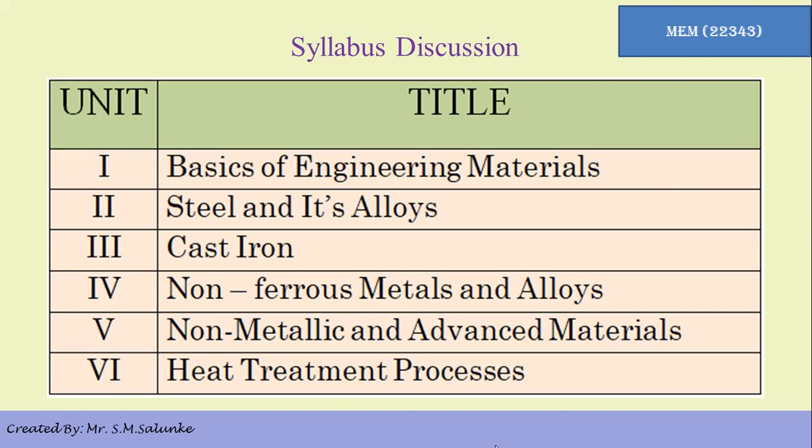In such ways, we'll be looking into advanced materials which have various different properties useful to mankind. Finally, heat treatment processes. In this unit, we'll go through various heat treatment processes that are required to enhance the properties of any material, or make a material more suitable to the requirement of the company or the requirement of the environment.